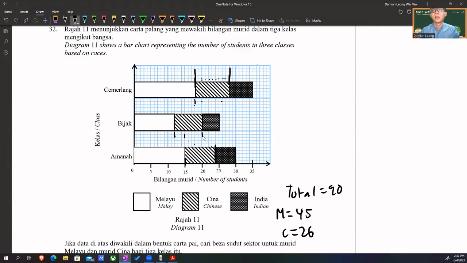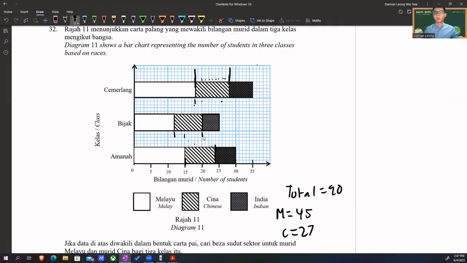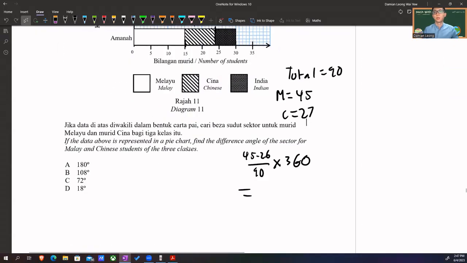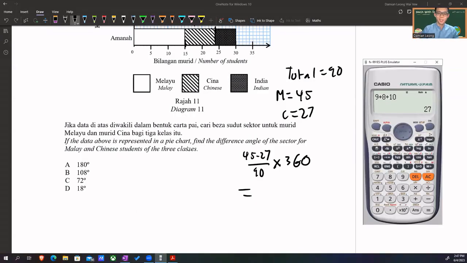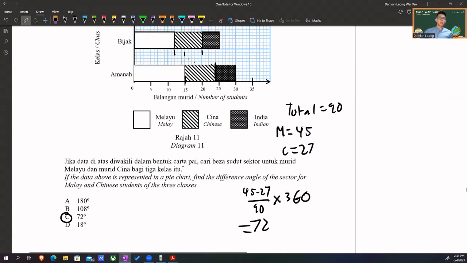This is 10, not 8. So it's 27. Sorry, my bad. It's so hard to see. So 18 out of 90 times 360. That will be 72. So the answer would be 72 degrees. Answer C.